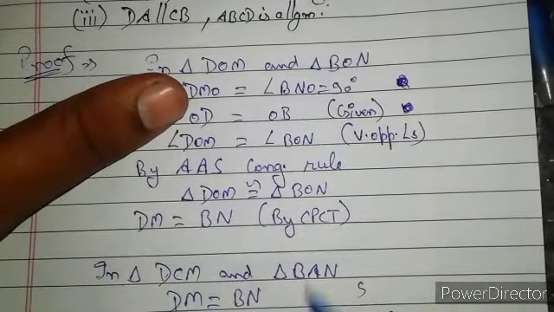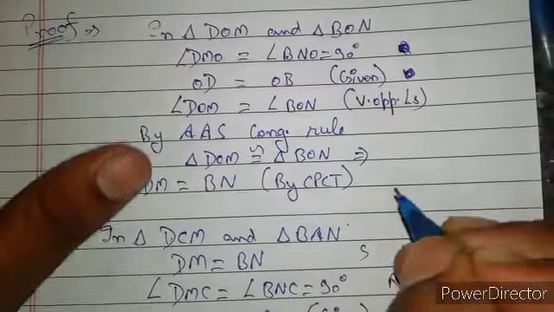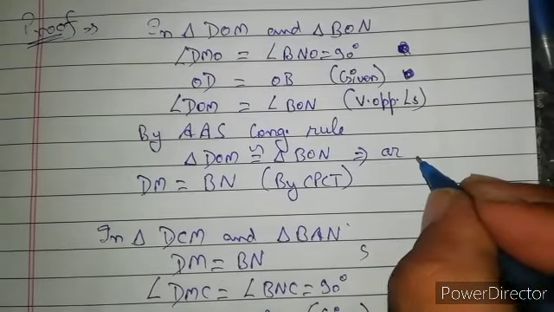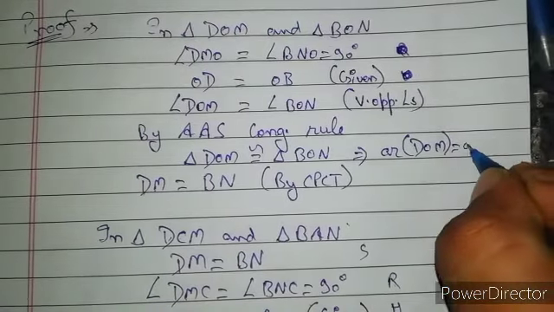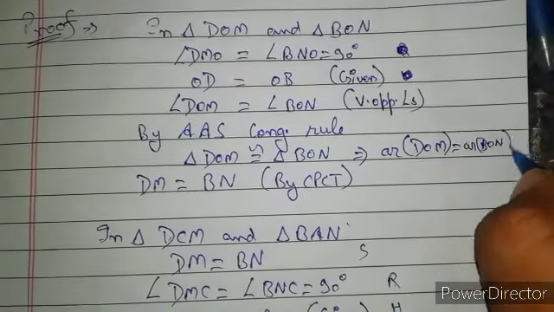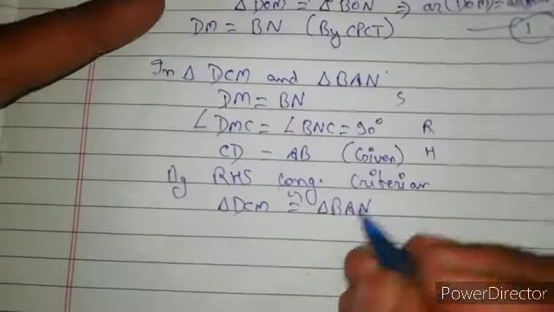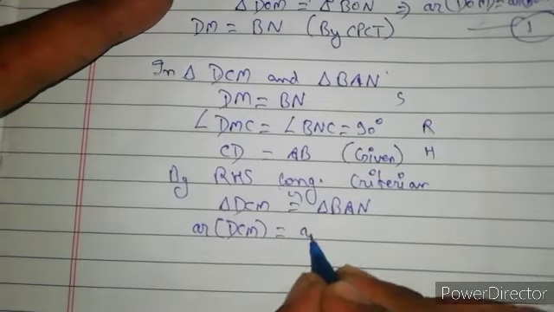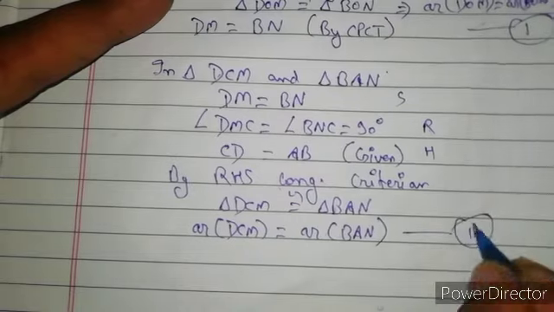Now look, these two triangles are congruent, and congruent triangles have equal area, because they are the same in shape and size. So area of DOM is equal to area of BON. This is our first equation. Here also we can say that area of DCM is equal to area of BAN. This is our second equation.